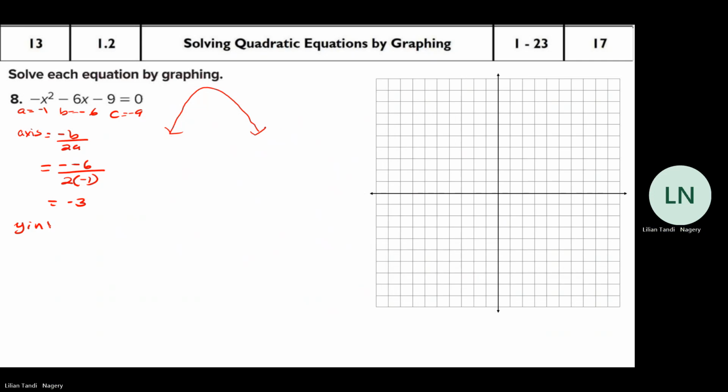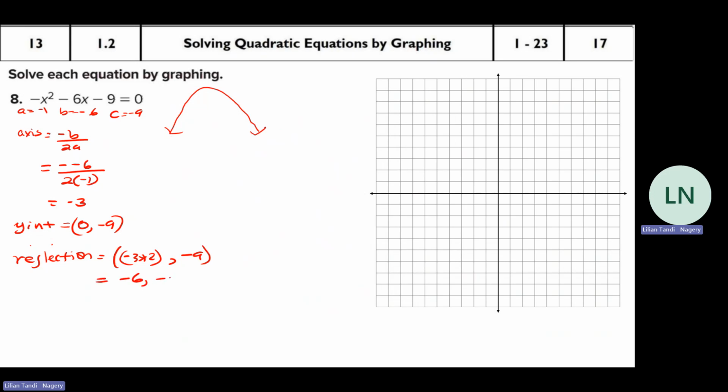Y-intercept: (0, -9). Reflection: -3 times 2, -9.